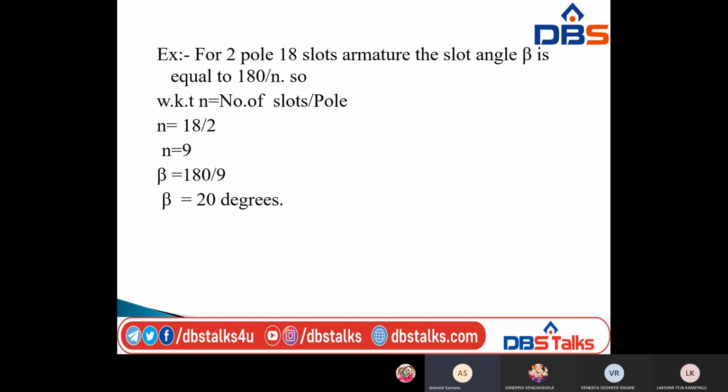The number of slots is 18, and N is equal to number of slots by number of poles. Number of poles is 2. So N is equal to 18 by 2, that is N is equal to 9. Pole pitch is equal to 9.